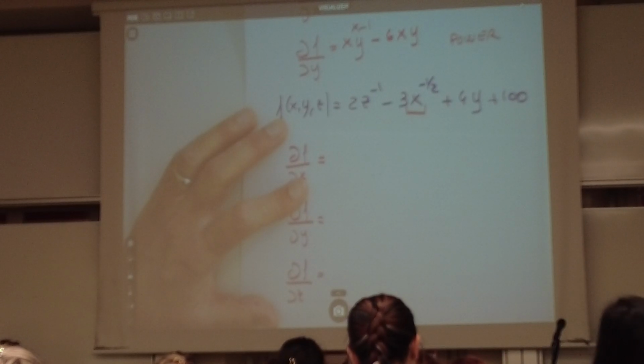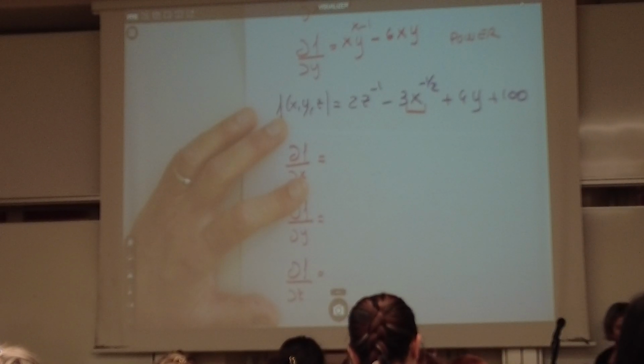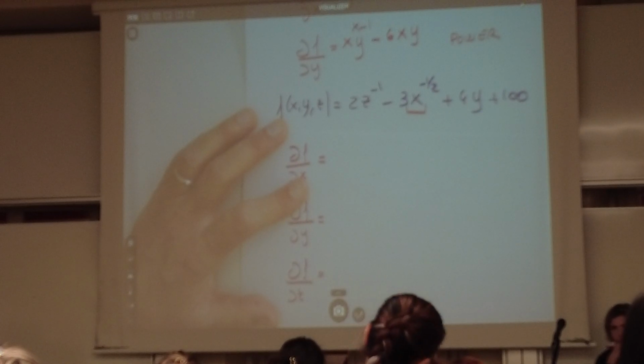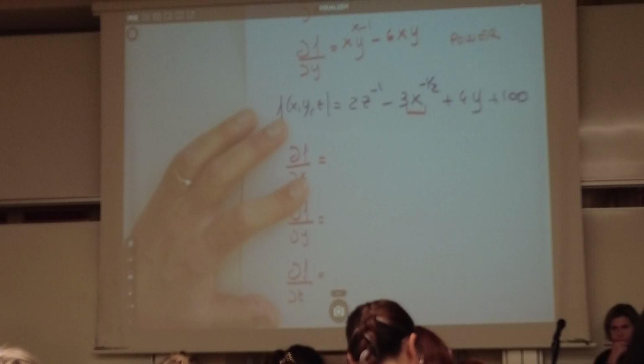Put in front, minus 1, because they are all power. Put in front, minus 1.